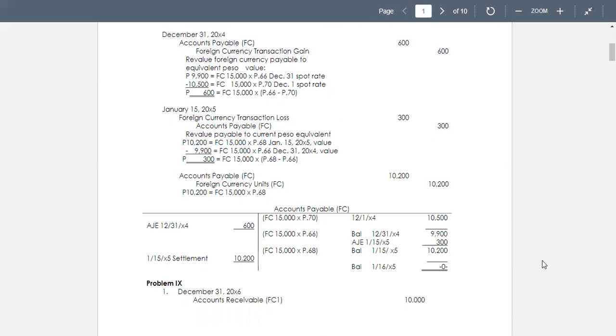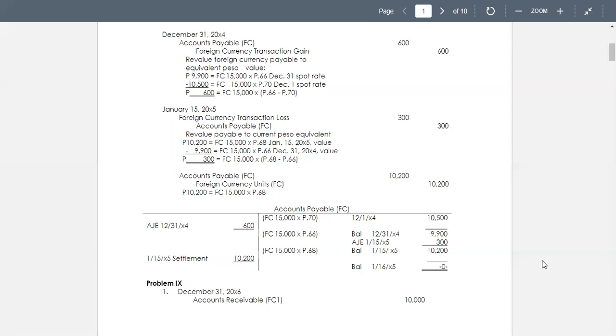Now we have to understand that if we have importations, we involve accounts payable. But for exportations, we involve accounts receivable. The spot rates on December 31, 2006 were FC1 at 0.176 pesos and FC2 at 0.0081 pesos.